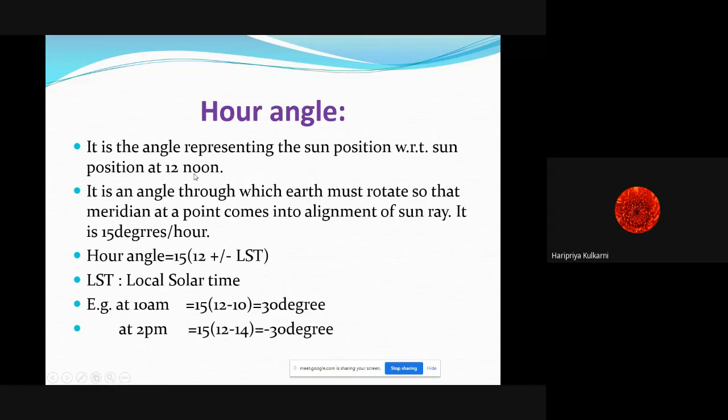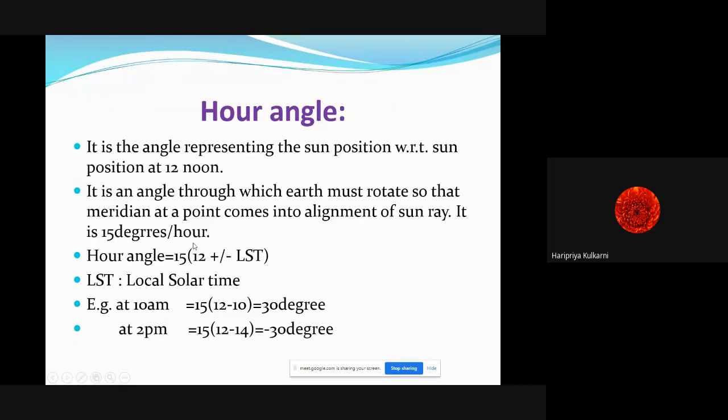It is the angle through which earth must rotate so that the meridian at a point comes into alignment with the sun ray. Whatever is the angle, that is called the hour angle. It is 15 degrees per hour.